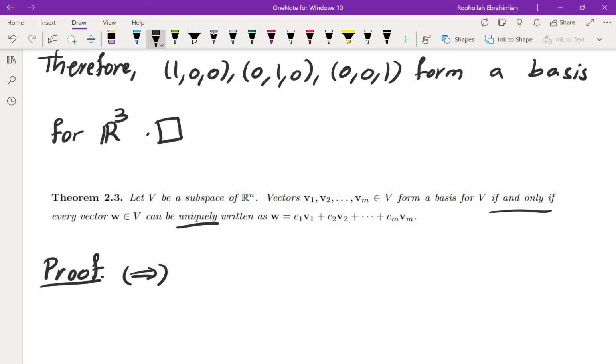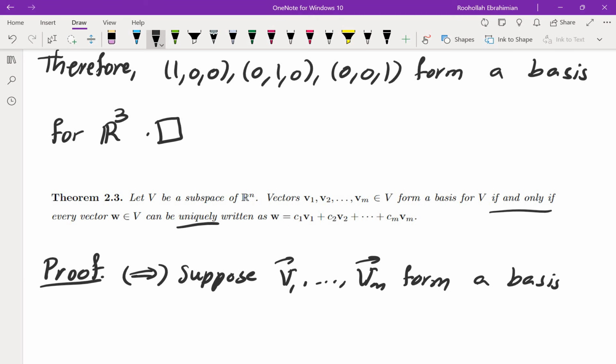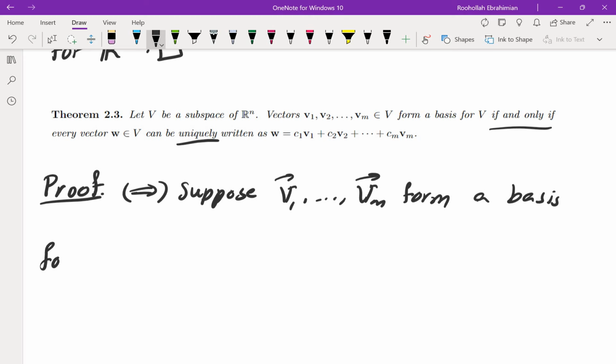Okay, so I'm going to assume that it's a basis, and then I'm going to show that everything can be written and it can be written uniquely. So we're assuming that v1 through vm form a basis for V. Because it's a basis, it is linearly independent and it is spanning. But the spanning means every vector can be written in that form.